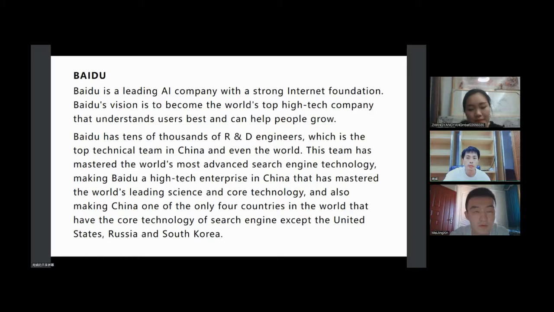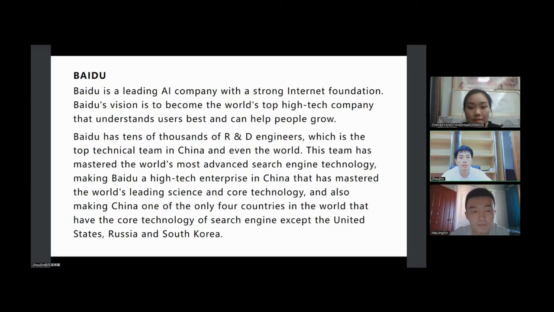Baidu is a leading AI company with a strong internet foundation. Baidu's vision is to become the world's top high-tech company that understands users best and can help people grow. Baidu has tens of thousands of R&D engineers, which is the top technical team in China, even in the world.